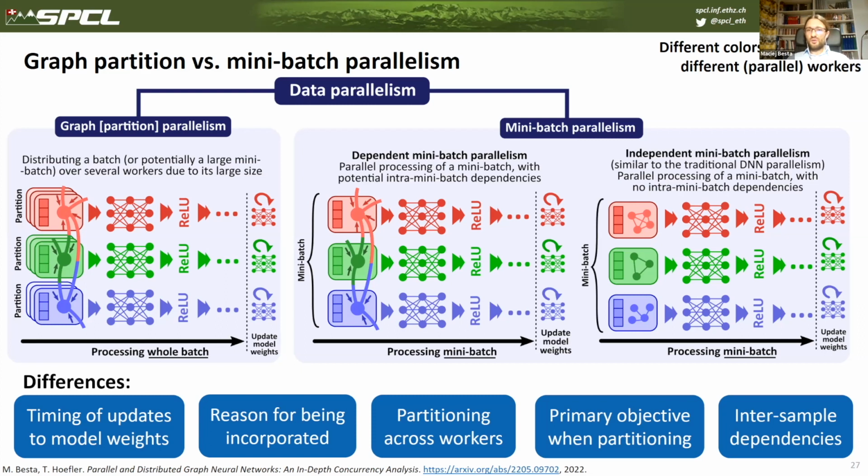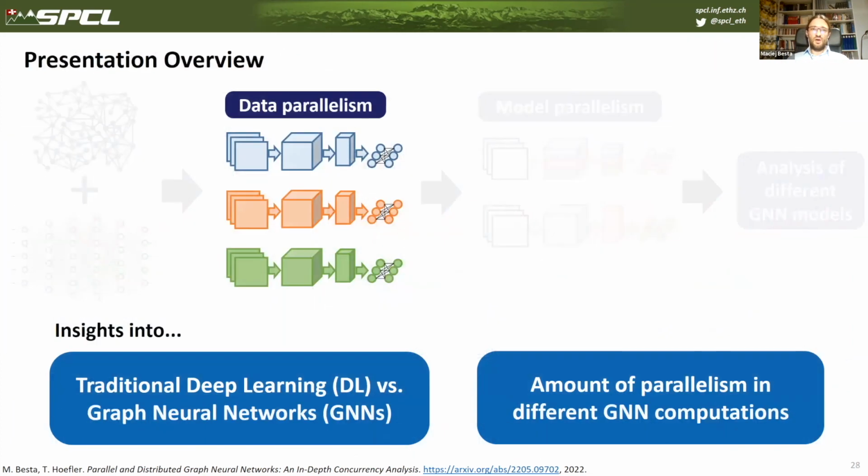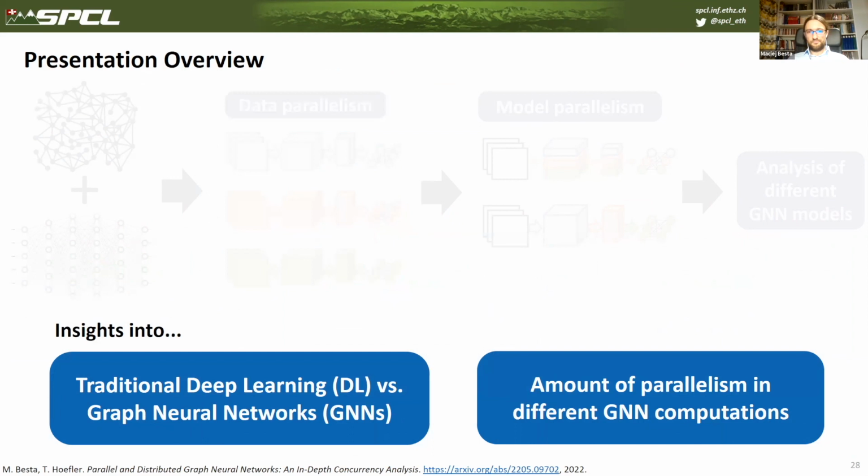But for mini-batch parallelism, in the independent setting, there will be no dependencies between the samples, which would, for example, enable us to simplify a given part of the GNN pipeline for a given independent mini-batch setting. So that was the high-level overview of different forms of data parallelism in graph neural networks. Now let's move to model parallelism.